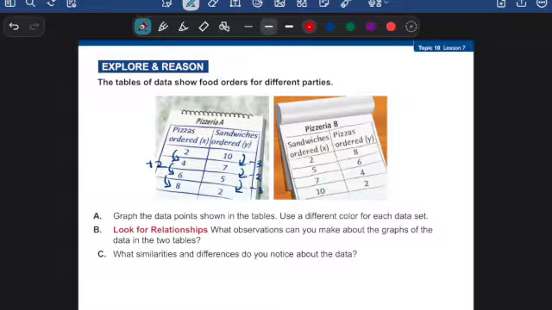For Pizzeria B, while the variables are switched, the x values are increasing by pretty much 2 or 3 every time, and the y values are decreasing by 2 every time. So again, that appears to be linear, more or less. But the variables are switched. So this is what we mean by inverse functions.